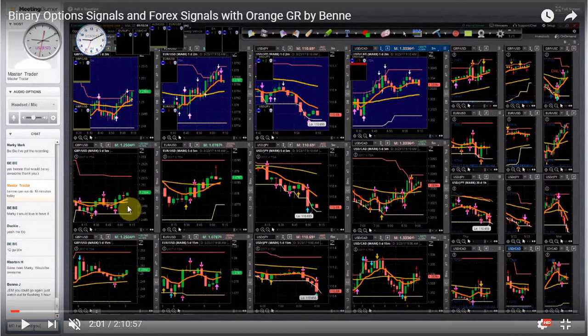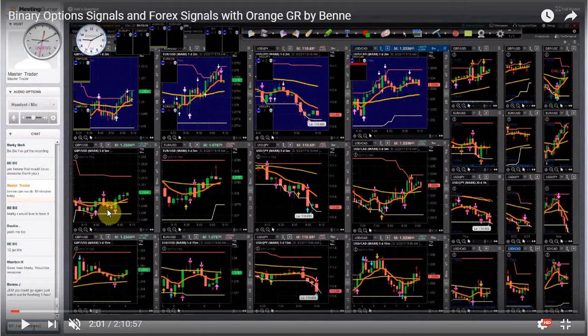So in this extreme moment on the GU, you have your 5-minute here, right? Your last arrow is up, and your 15-minute, your last arrow is up. So we're going to go even a little bit further. The next thing I look at is which direction are these pointing?